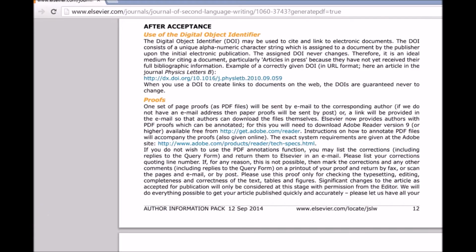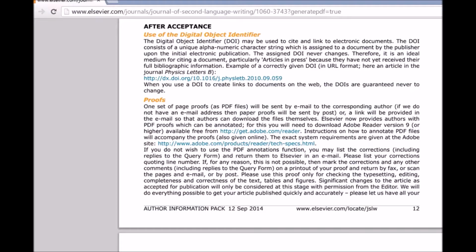Once you get the paper accepted, they usually post the paper nowadays, particularly large journals, before it comes out. They give it a DOI, a digital object identifier. I don't usually use these. Other people use them maybe to cite papers. You get a set of proofs, which are PDF files, sent to the author that's designated as the corresponding author.